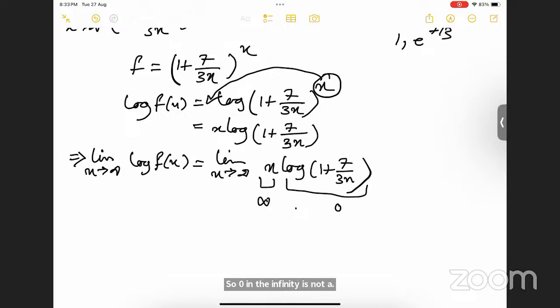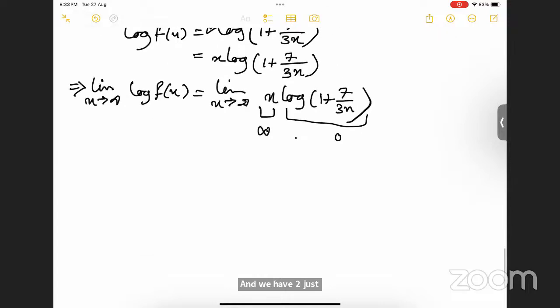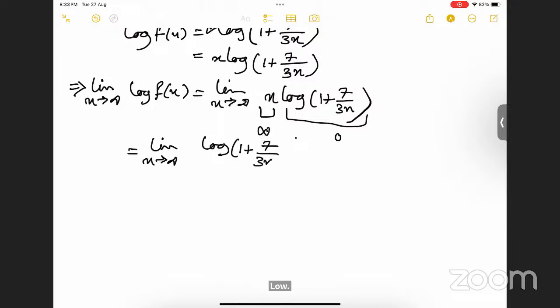So what we have to do, we have to change the function, and we have to adjust the function in such a way so that it will get some form. Okay. So what we can do, we can write limit x extends to infinity, log 1 plus 7 by 3x over 1 by x.